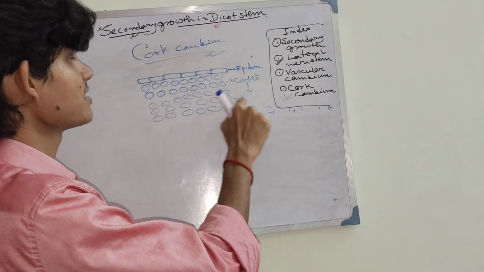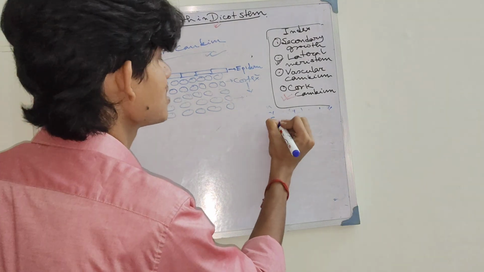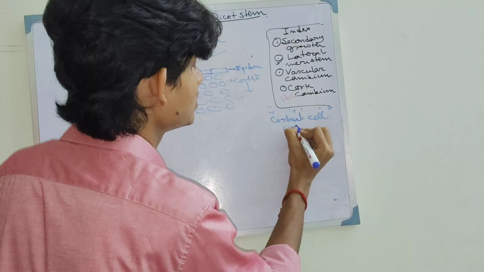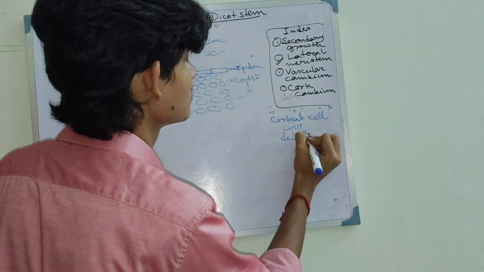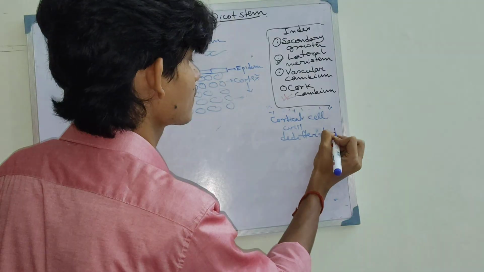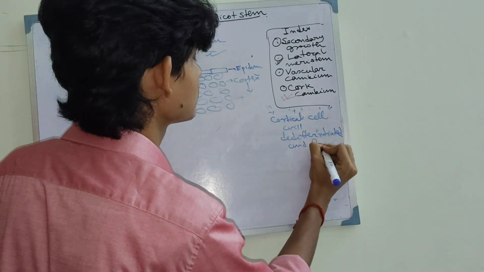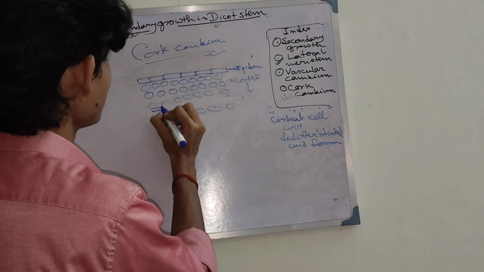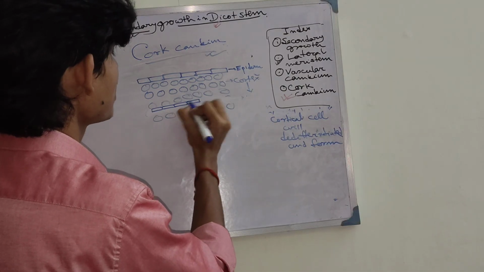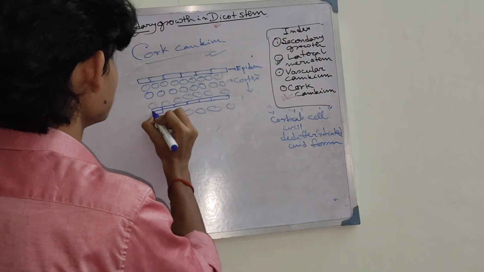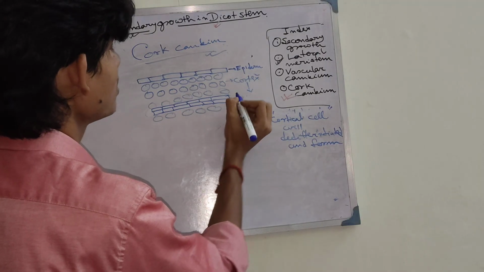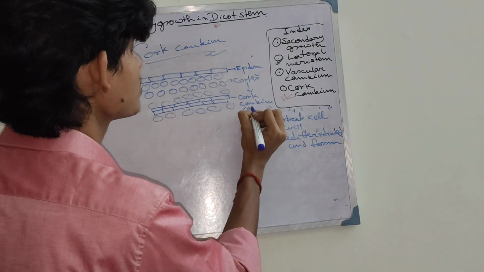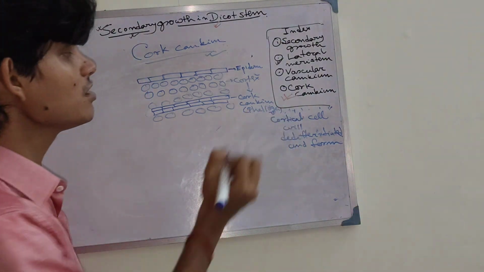So the cortical cells will dedifferentiate and form one or two layers of narrow, elongated cells, which are called cork cambium, or phellogen. Cork cambium or phellogen.